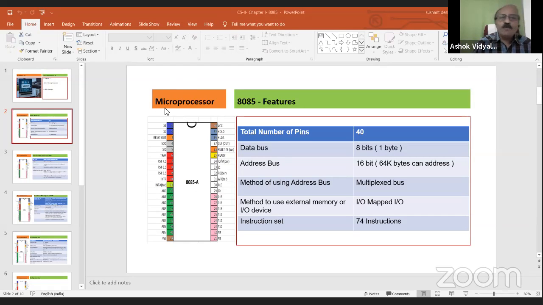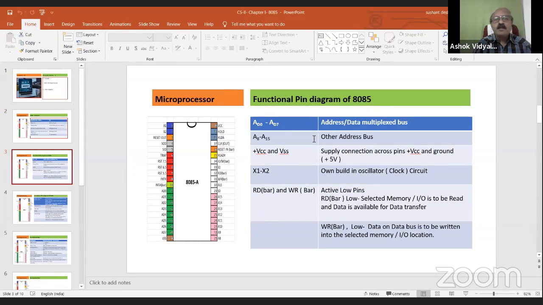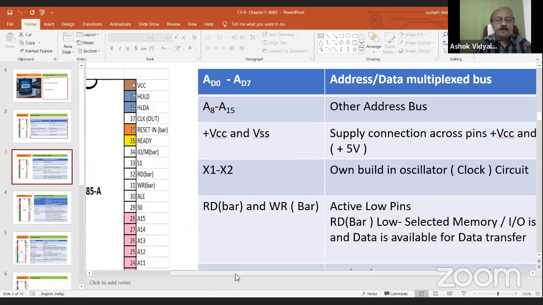Okay friends, now that we have seen these features, let's go ahead and see the functional pin diagram of 8085. This is the pin diagram of the 8085 microprocessor. I will just enlarge this so that you will be able to see it in detail.